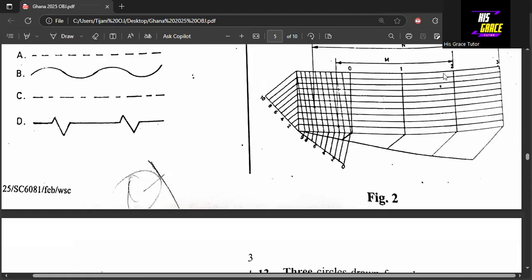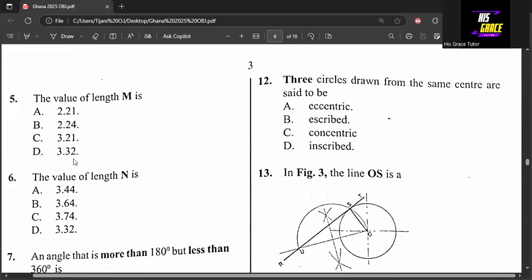Here the first part is the main measurement, which is 2. Then this part here is the second measurement, and this part here is the third measurement. So here we have 2, then 2.1, 2.2, then 2.21. So for length M, the answer is 2.21, which is option A.